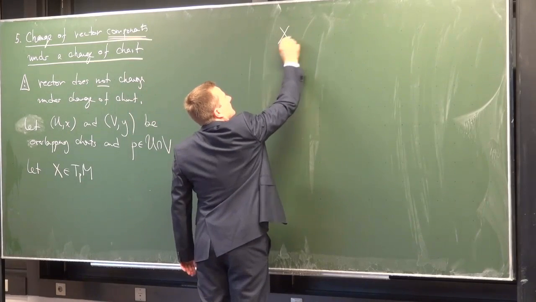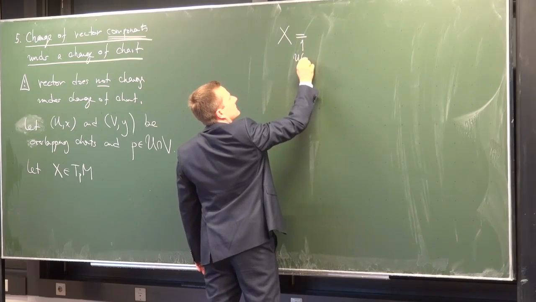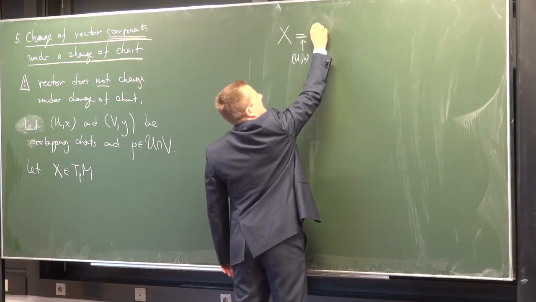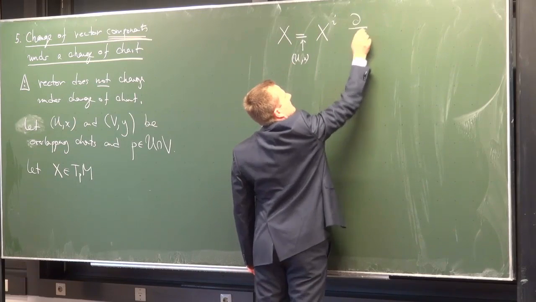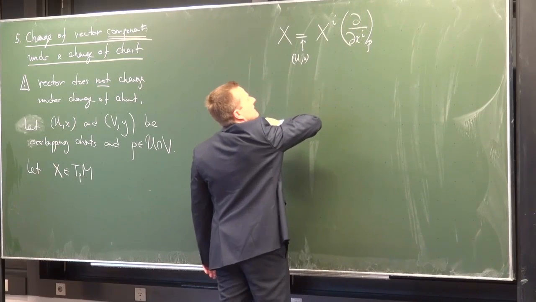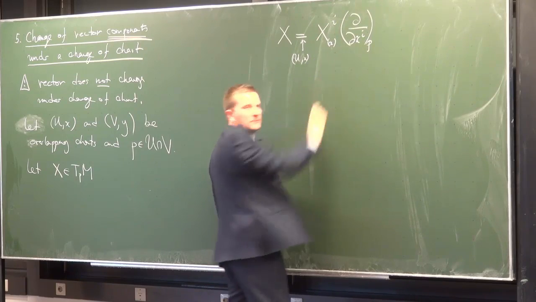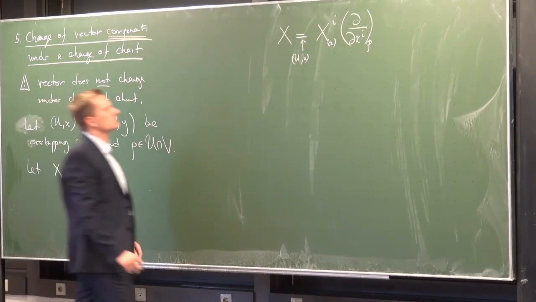Then we know that with respect to the chart (U, x), we can write this as x^i components d by dx^i at p, because that's the basis. And in order to indicate that these are the components with respect to the basis from this chart, we mark the components by a little x down here.